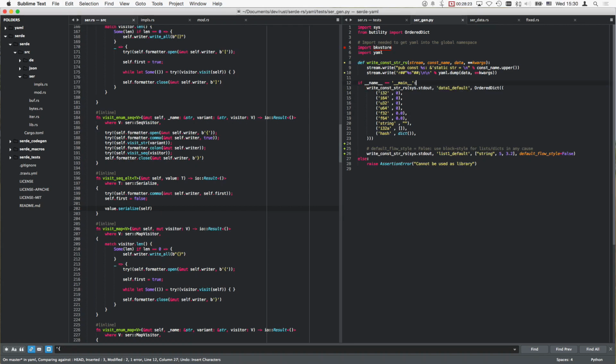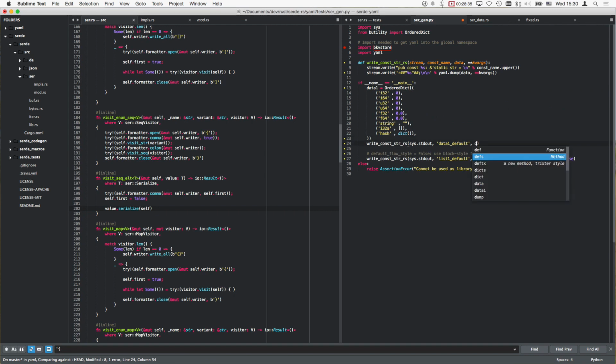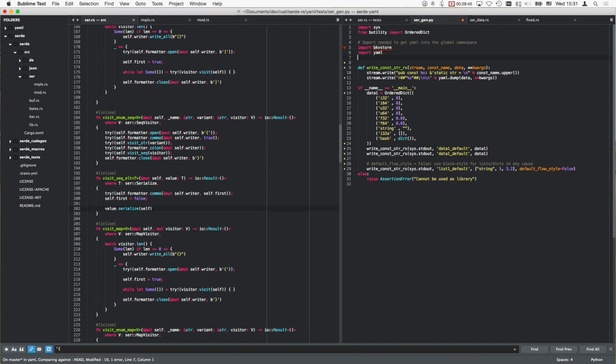So let's call that data1, like this. And this will, oh, no, I have to use JSON manually, but I think it's okay. JSON should be available by default, I thought, or simple JSON or something.